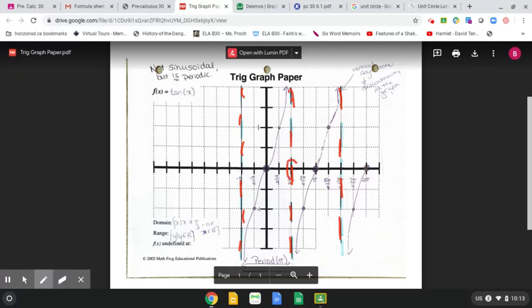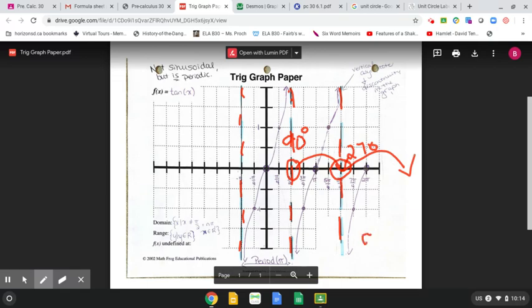Looking at those, you literally just have to write what those asymptotes are. Pi over 2 is the same thing as 90 degrees. And then the next one was 3 pi over 2. 3 pi over 2 is the same thing as, does anybody know? 270 degrees. If that occurs periodically, it could go on forever. 270 minus 90 is 180.